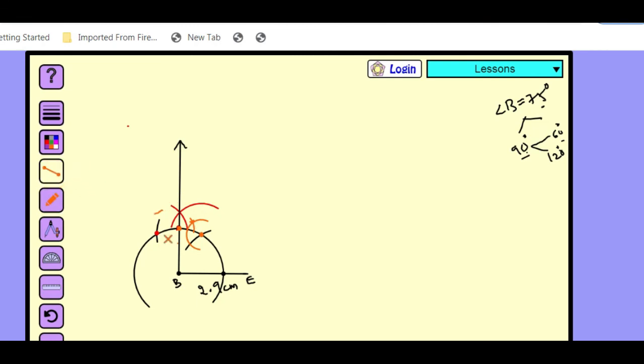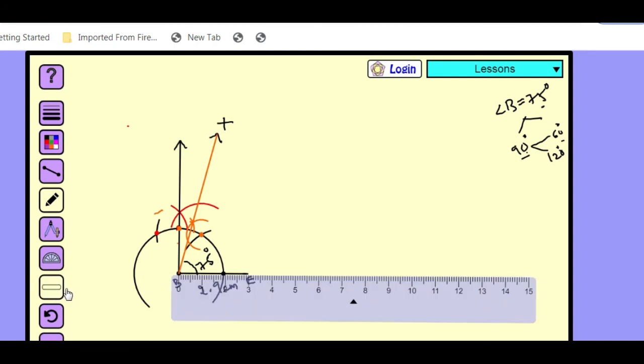Now take the ruler and draw a ray passing through the point. Now you should draw a ray BX with 75 degrees. Now it is an angle of 75 degrees. Now we are going to locate the point T on BX from B with 3.4 centimeters.